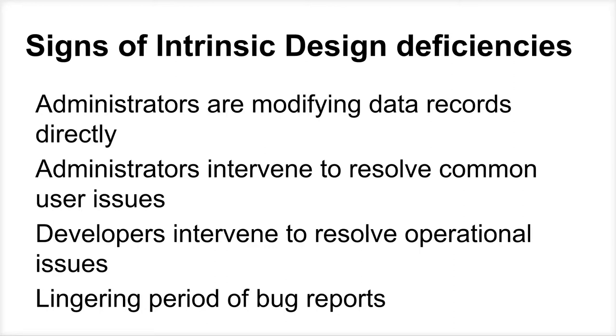And obviously, lingering periods of bug reports. It's not uncommon to have bugs when a product is first released, but in my experience, in a well-designed product, those bug reports should drop off quite quickly, and then subsequent bug reports should come in very slowly, if at all, after an initial period.